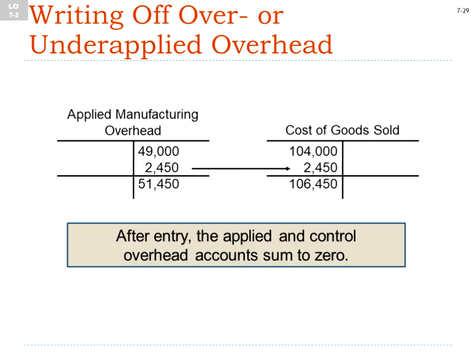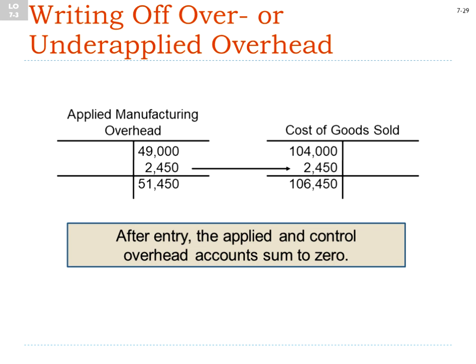So we're going to have to account for this $2,450. Ultimately, overhead costs incurred need to be accounted for, and one approach is to account for the under or over applied overhead, whatever the case may be, by adjusting cost of goods sold. All right, because overhead costs incurred were $2,450 more than overhead applied.